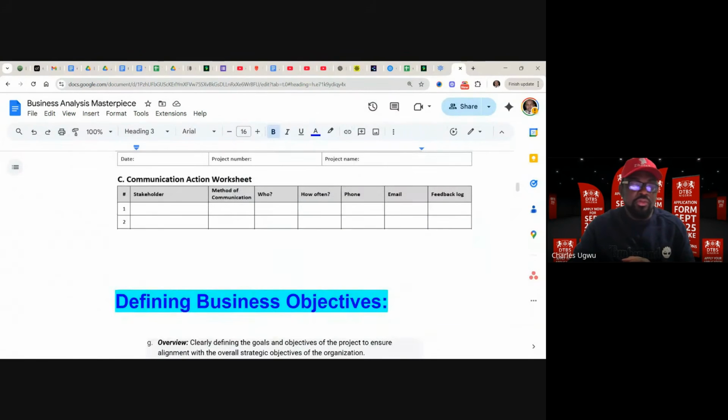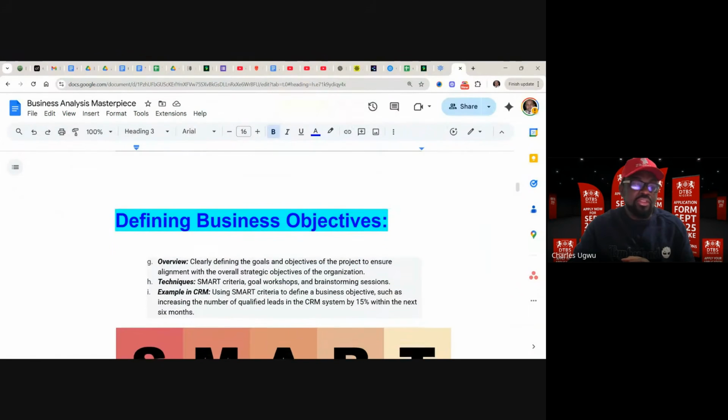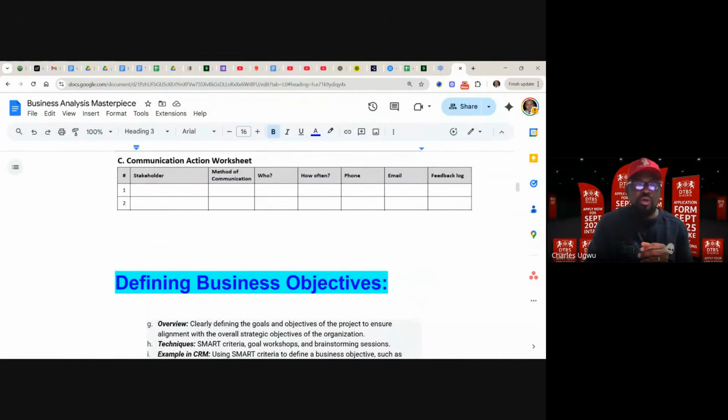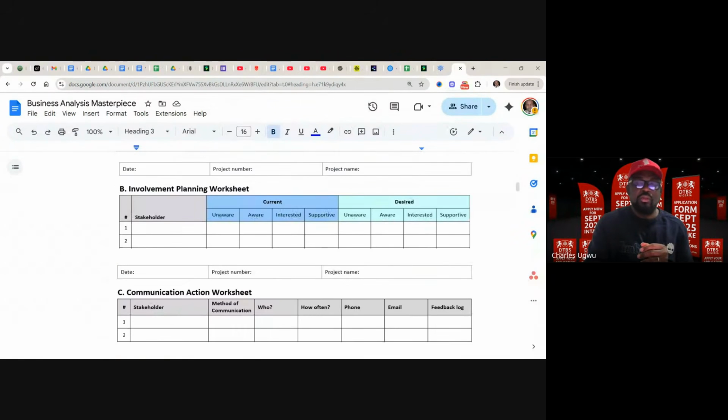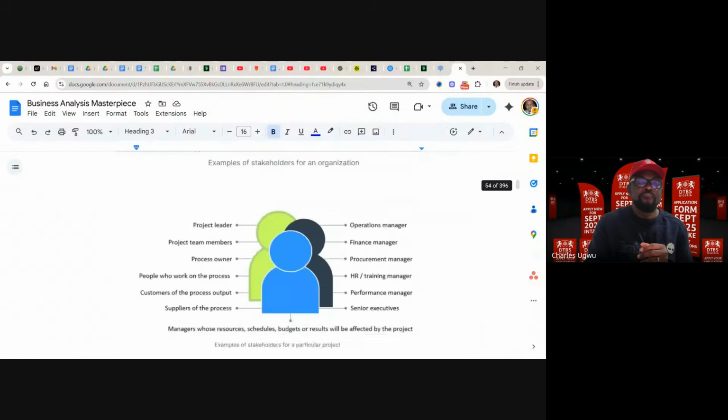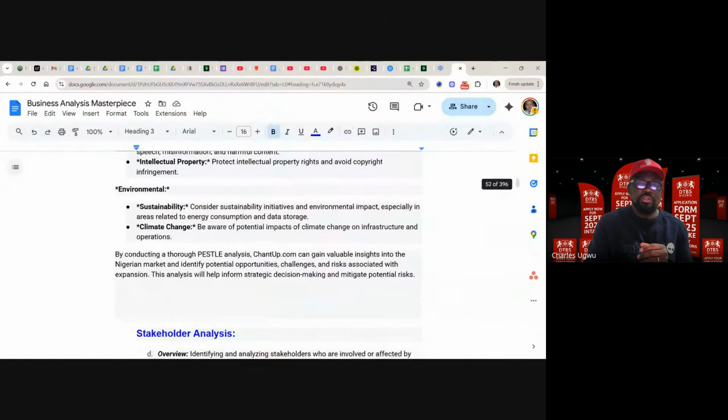What we are going to do next is defining business objectives in our next class. How do we define the business objectives? So that is it. But for tonight, we are done. Like I said, we are going to bypass stakeholder analysis.